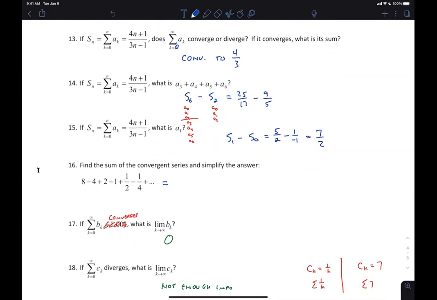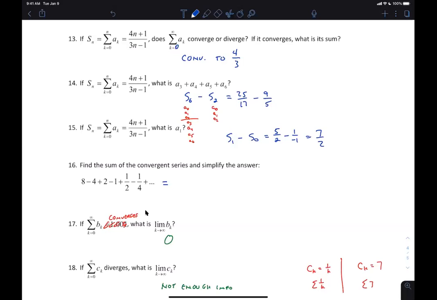The reason we know that is because to go from 8 to -4, you divide by -2, which is the same thing as multiplying by -1/2. Then to go from -4 to 2, you also multiply by -1/2. Then times -1/2 is -1, times -1/2 is +1/2, times -1/2 is -1/4.